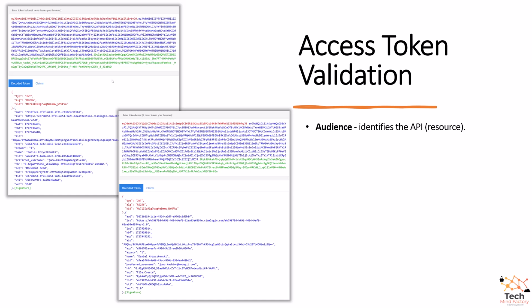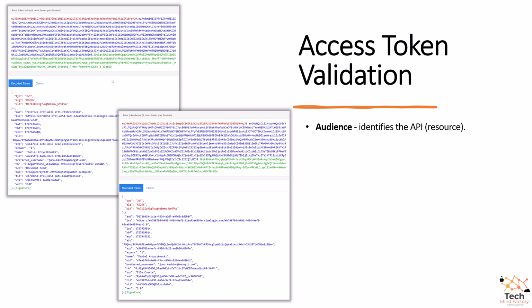First of all, we have to validate the audience claim, and this time it identifies the API, the resource. Under the audience claim in the access token, we will not see anymore the client application ID, which is Blazor in this case. We will see the client ID of our web API that we registered in Microsoft Entra External ID. That's what we will see in this video.